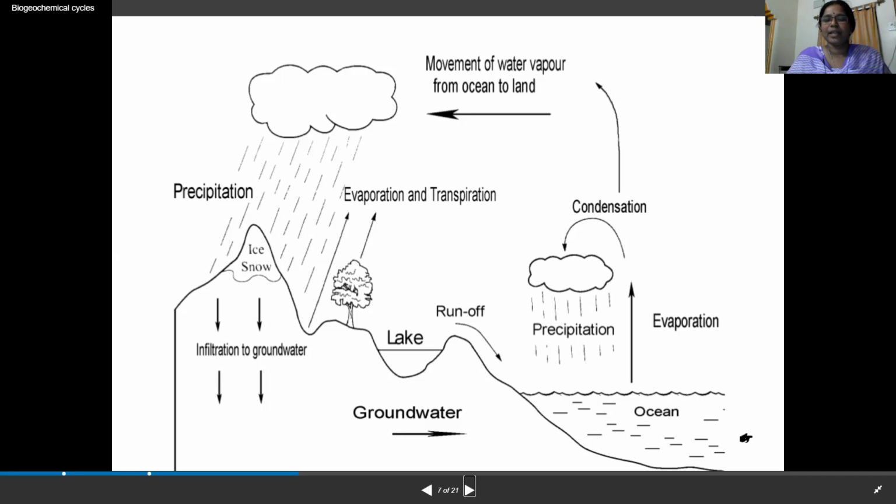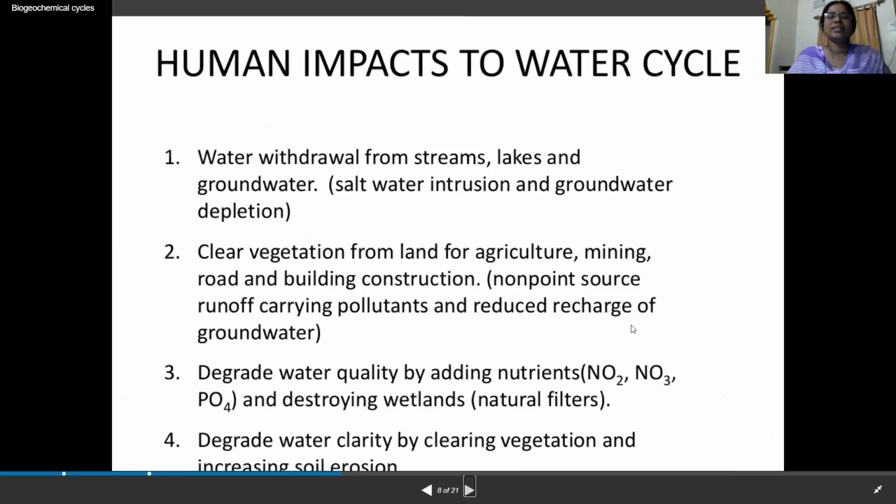From this groundwater, again it goes back to the ocean. The second thing is, apart from the ocean, if you see a lake or something like that, trees absorb this, and after evaporation and transpiration, again it goes back to the clouds, again precipitation. Like this it undergoes a cyclic process. So this is an example of a water cycle.